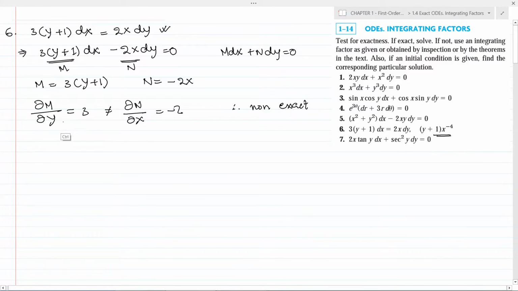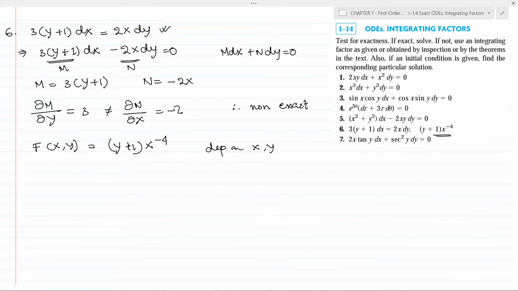You can see that the integrating factor that has been given, that is f of x y equal to (y+1) into x to the power minus 4. You can see that this integrating factor is dependent on both x and y. In the theory of the chapter, we had studied a method to find integrating factors.